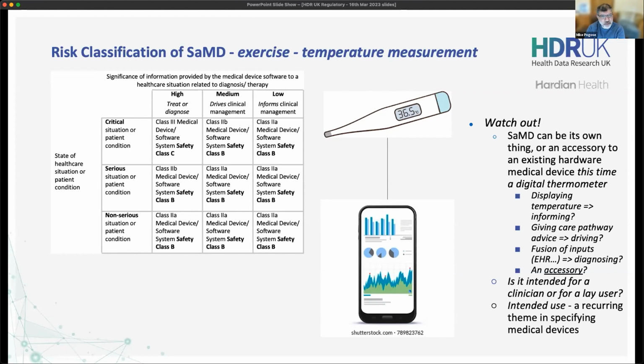The big point we're trying to make here is your classification goes up a notch if your intended user is a lay user, a patient, because they don't necessarily know enough to override what the software is saying.